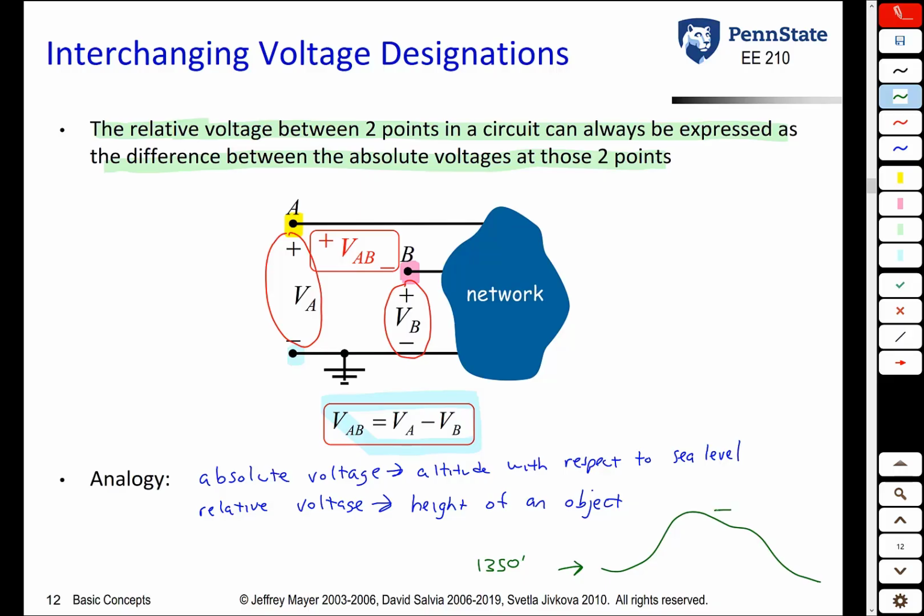The elevation at the top of Mount Nittany is about 2,000 feet above sea level. And so the actual elevation gain, the actual height of the mountain itself, is 650 feet. The way you would get this is 650 feet is the difference between the elevation at the top minus the elevation at the bottom.